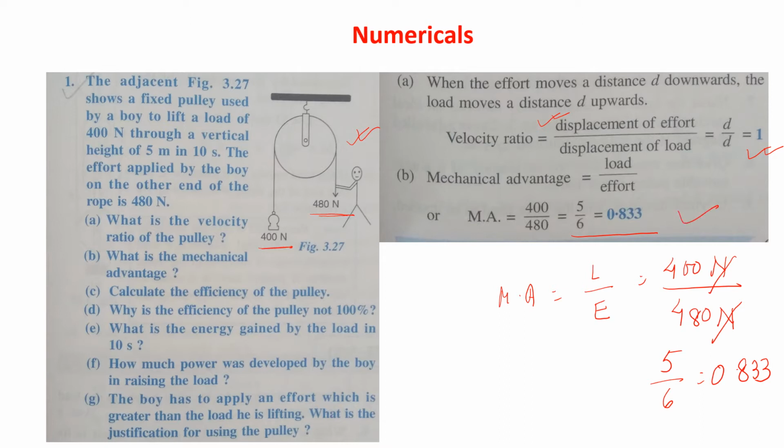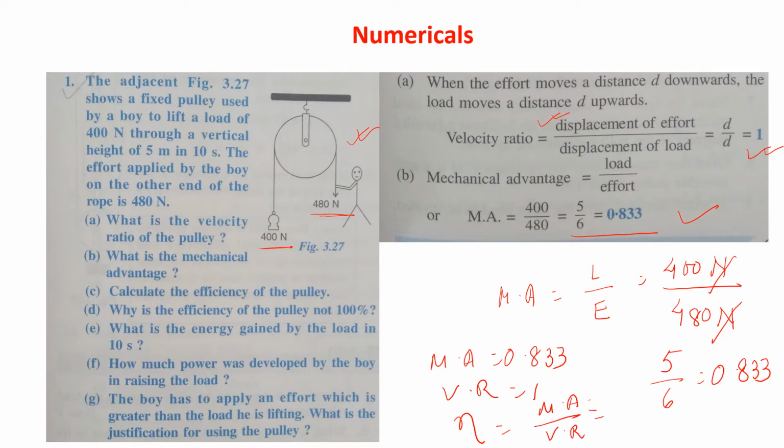Now this is number B. The C point, calculate the efficiency. Now if you know the mechanical advantage is 0.833 and the velocity ratio is equal to 1, efficiency is equal to mechanical advantage by velocity ratio.